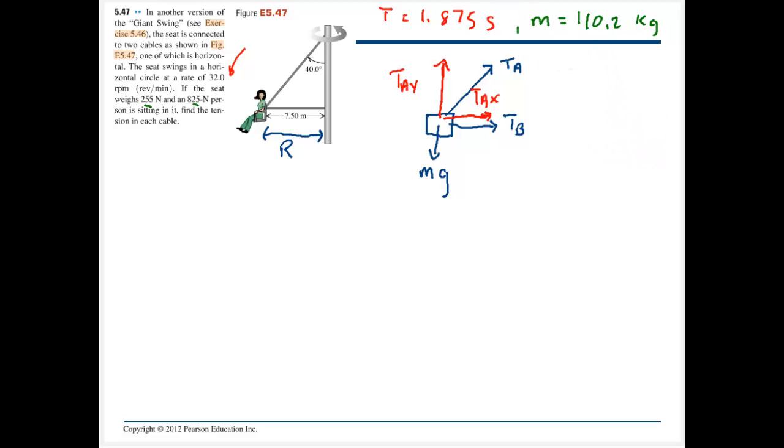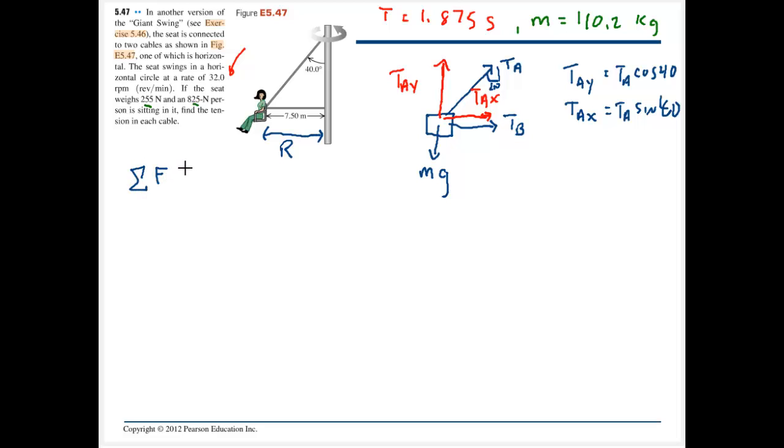I can go ahead and write those very quickly. Tension A in the Y direction is going to be tension A multiplied by, let's see, what's my angle here? That's going to be my 40-degree angle. So that's going to be cosine of 40, and tension A in the x direction, tension A sine of 40.